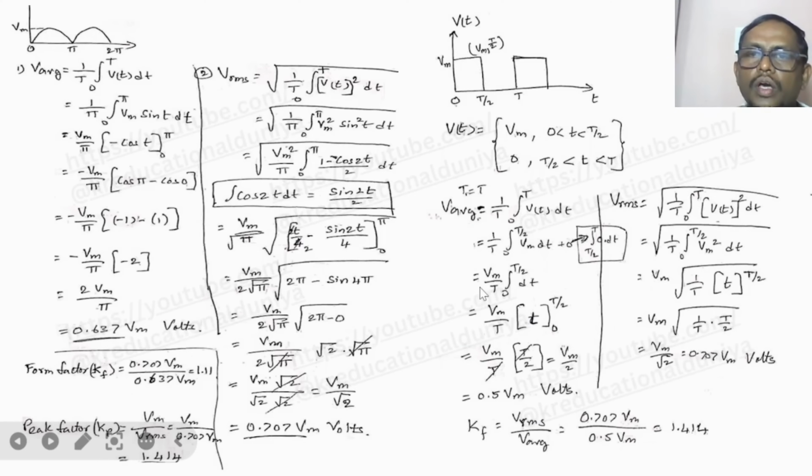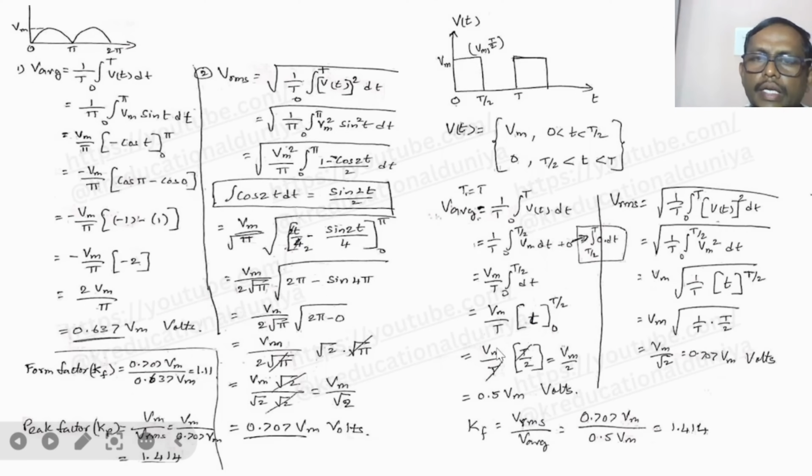So we got Vm by T, this Vm comes out, integral 0 to T by 2 dt, that is Vm by T. If we apply the limits, 0 to T by 2, so Vm by T into T by 2 minus 0.